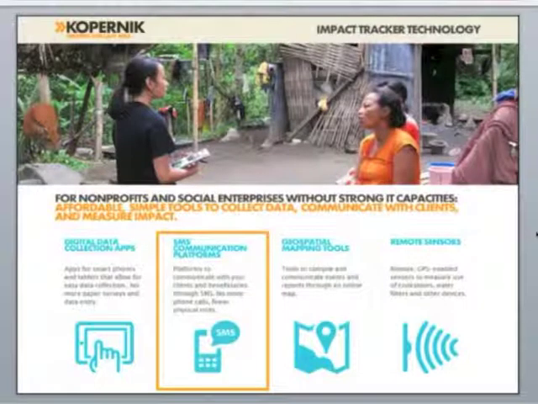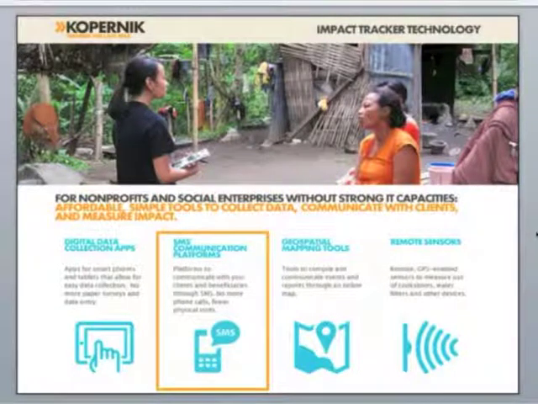We hope many of you had a chance to look at the ITT website. As you see on this screen, there are 4 categories of tools: digital data collection apps, SMS communication platforms, geospatial mapping tools, and remote sensors.